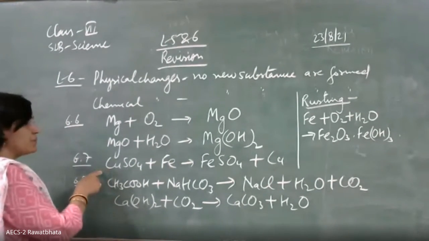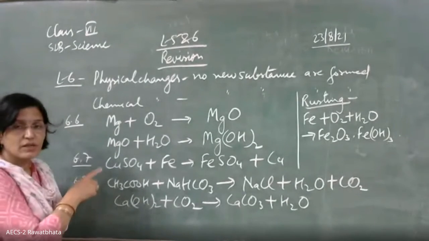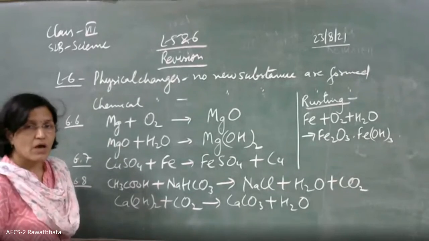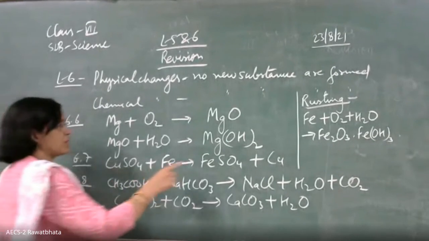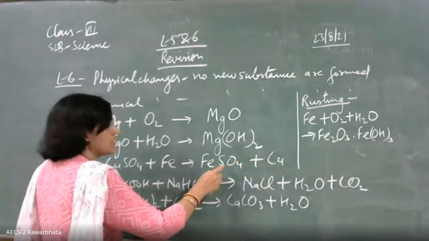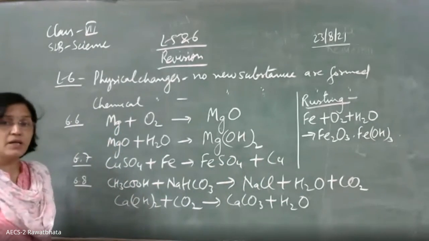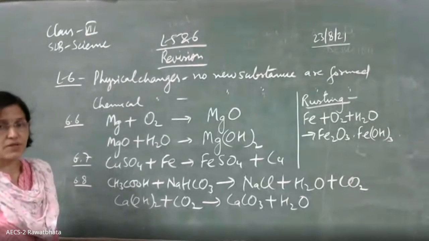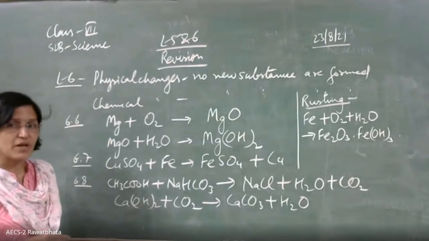After that, copper sulfate, the blue colored solution, and in that you put an iron nail. After some time, you will see that the copper deposits on the iron nail and the solution starts turning greenish because FeSO4 is formed. Iron sulfate. Its actual name is ferrous sulfate.